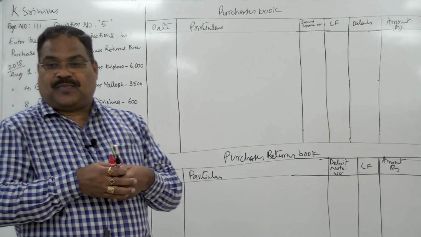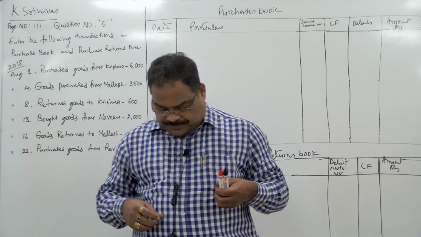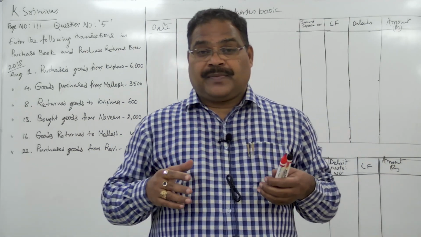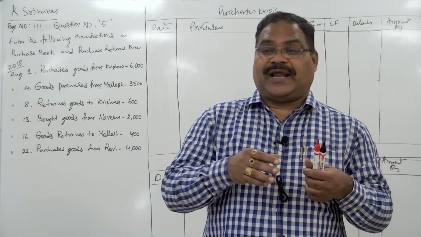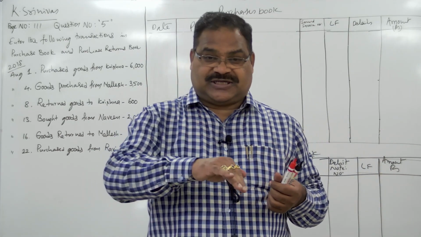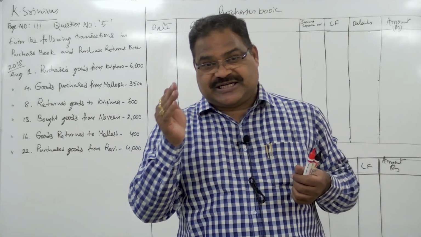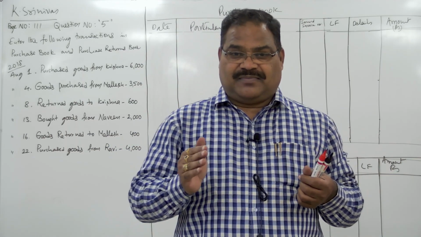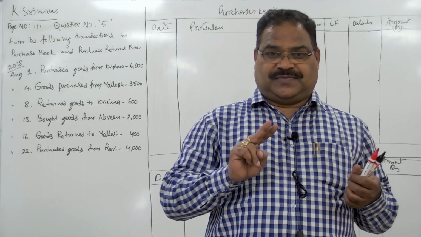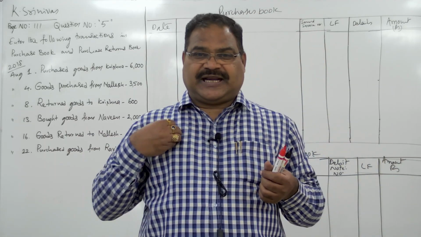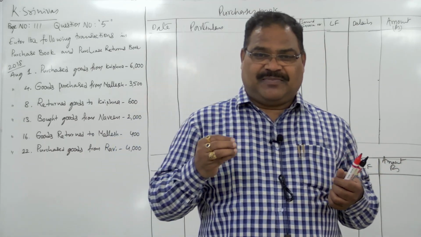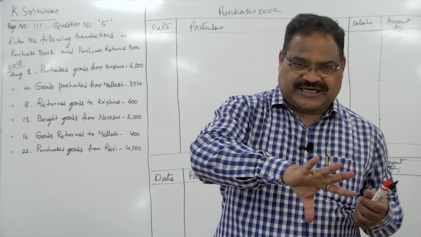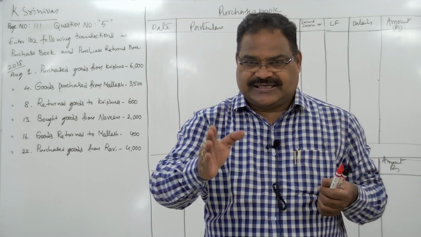In the previous problem, I explained only the purchase book, but in this problem, I would like to explain both the purchase book and the purchase returns book. Sometimes in the exam, they will give you both the books. 100% I can tell you that in the exam, they will not give you all 4 books, purchase returns, sales returns.